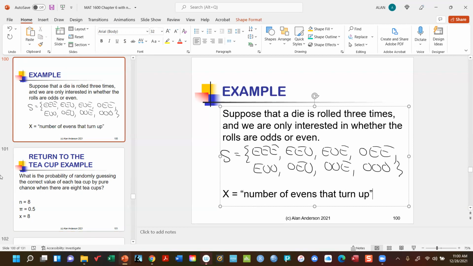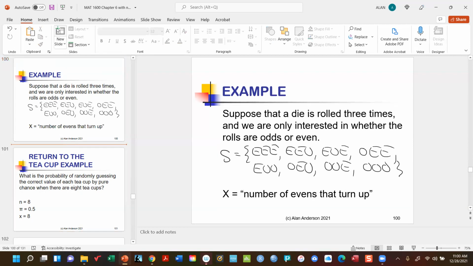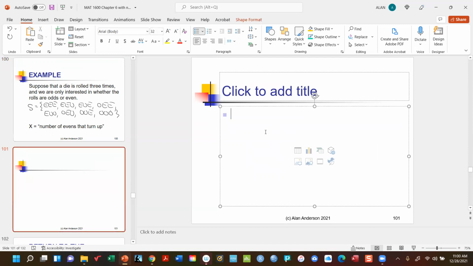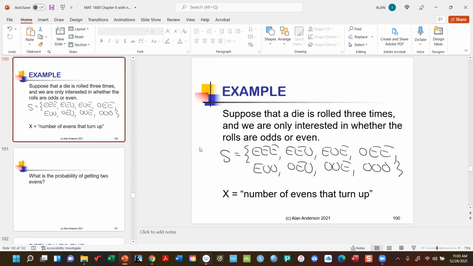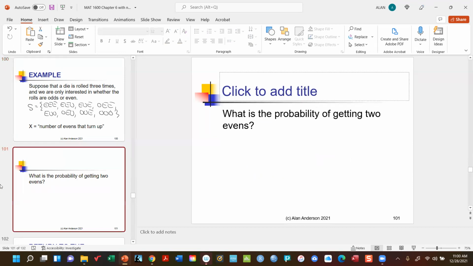So what we'd like to do is calculate, for example, the probability of getting 2 evens. Now, if you look at the sample space, you could go back and use our old approach. Let me just quickly fill this in again.